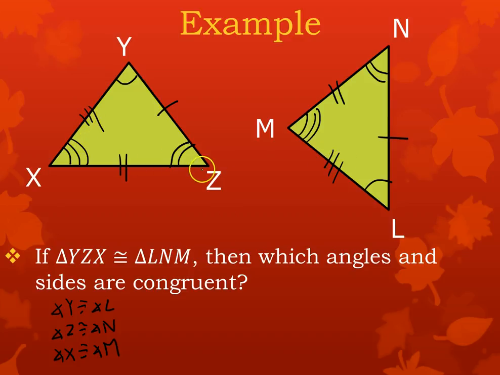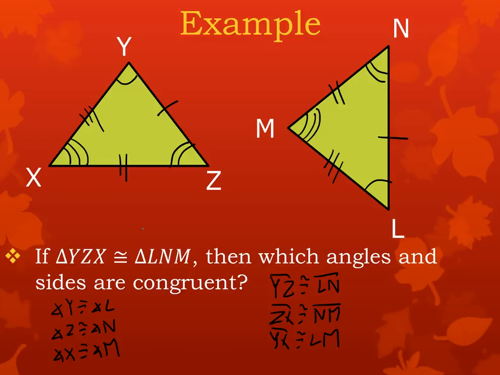And they're both across from the double arcs. So we would say YZ is congruent to LN, ZX is congruent to NM, and YX is congruent to LM. Those would be your congruent statements based off this right here.